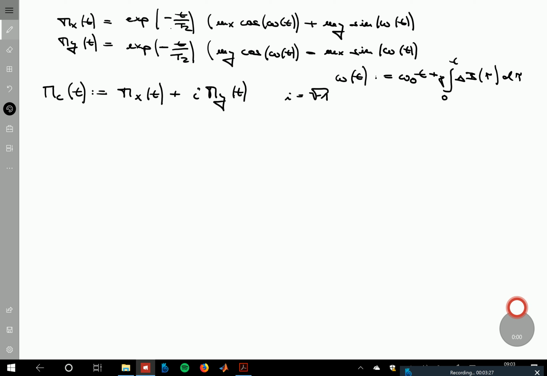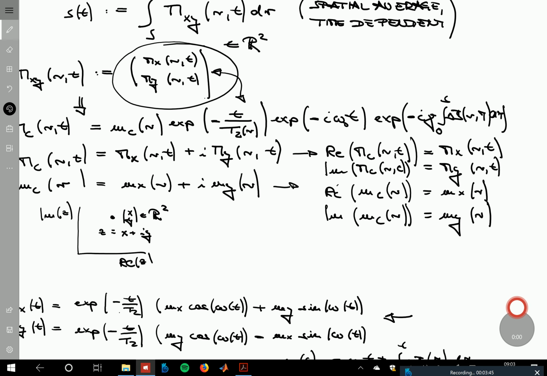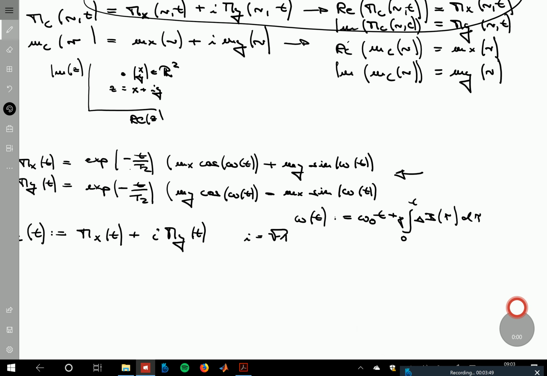And if we now substitute these forms for mx and my, we are led to these complex exponential forms that we wrote down here.